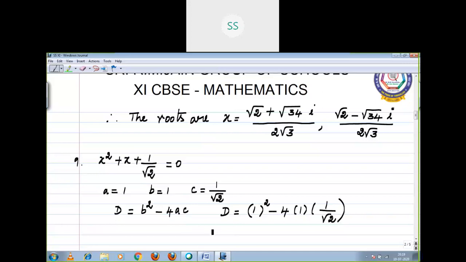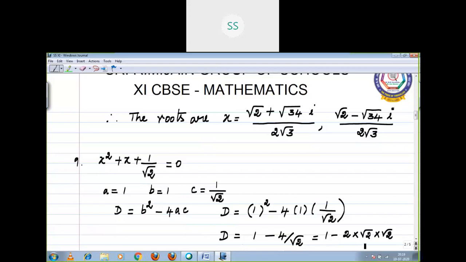So D equals 1 minus 4 by root 2. That you can write as 1 minus 2 into root 2 into root 2 by root 2.